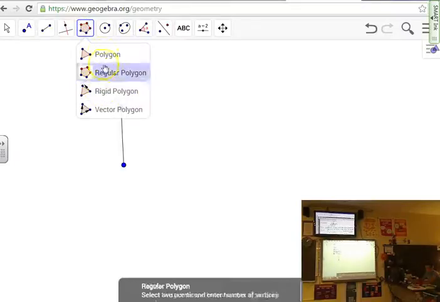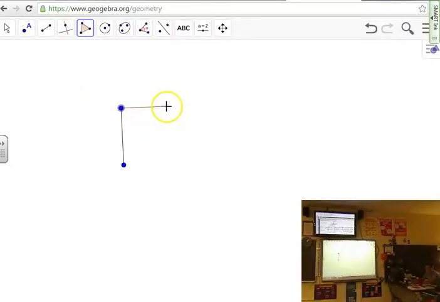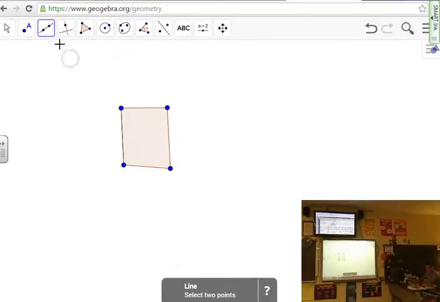Don't be regular. Be just a polygon. And then you had these lines.